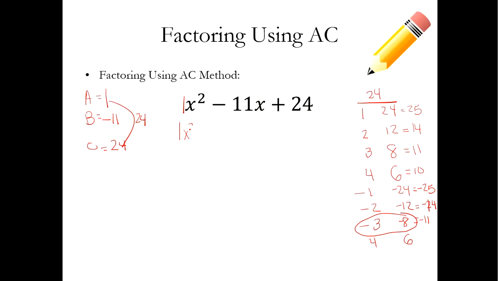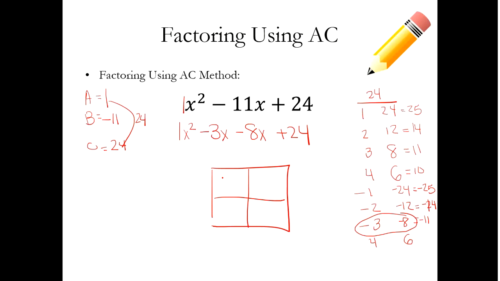Let's rewrite here. 1x squared minus 3x minus 8x plus 24. Let's go ahead and box here. 1x squared, negative 3x, negative 8x, and a positive 24. It looks like x is a common term. Then x times x needs to give me x squared.